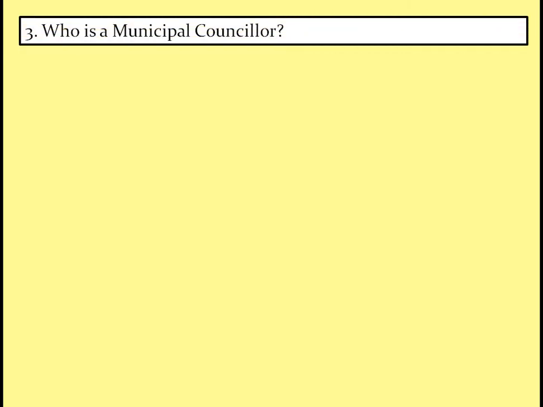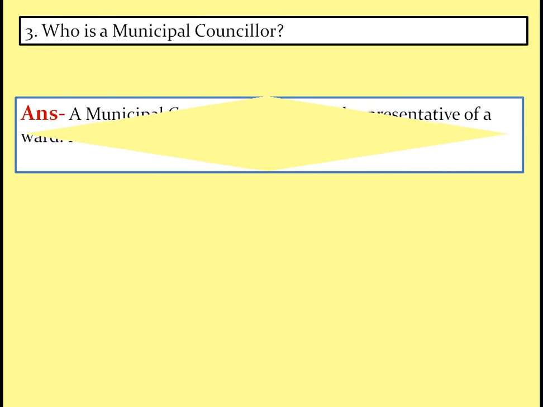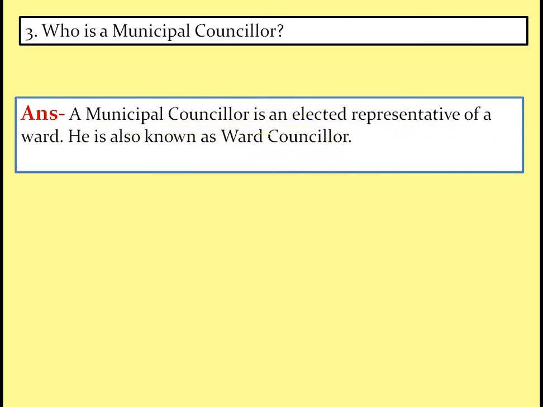Who is a municipal councillor? So let's check out the answer. The slide is speaking to you. A municipal councillor is an elected representative of a ward. He is also called a ward councillor. Just as in the story of Gangabai, you saw Gangabai and the group of women go to the home of the ward councillor, and she was saying that as we elected him, he should listen to all our problems.